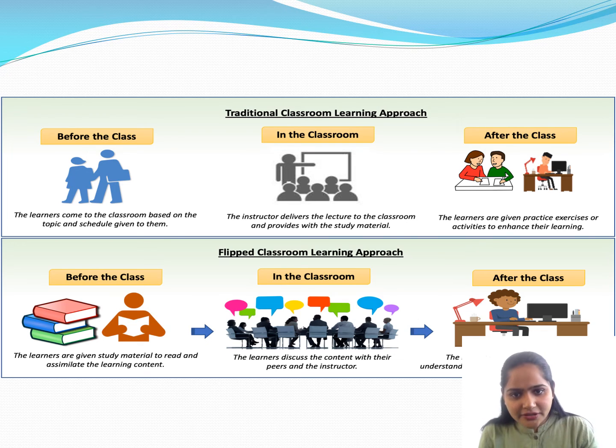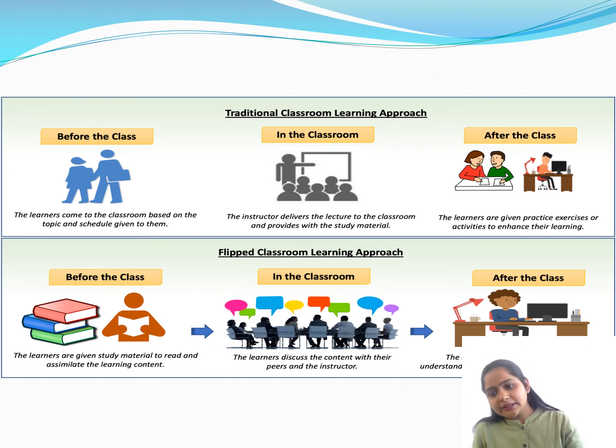And for traditional classroom, during classroom activity, instructor delivers the lecture to the classroom and provides the study material. But in flipped classroom, the learner discuss the content with their peers and instructor, group discussion. And last one is the after classroom activity. For traditional, the learner are given practical exercise or activity to enhance their learning. But in flipped classroom, learner already know about the topic in very depth.